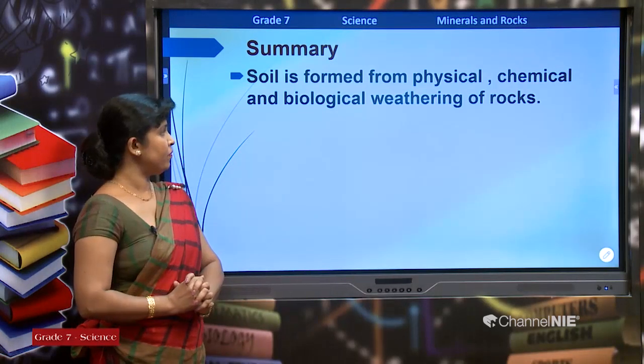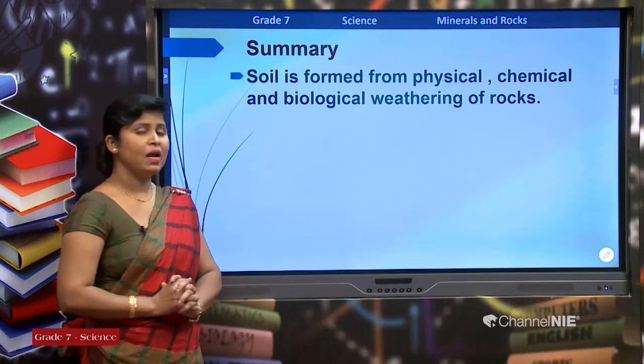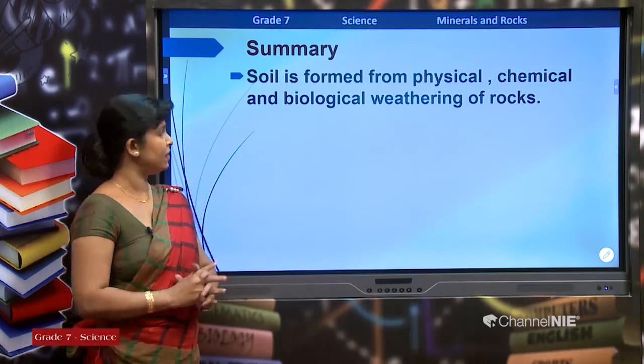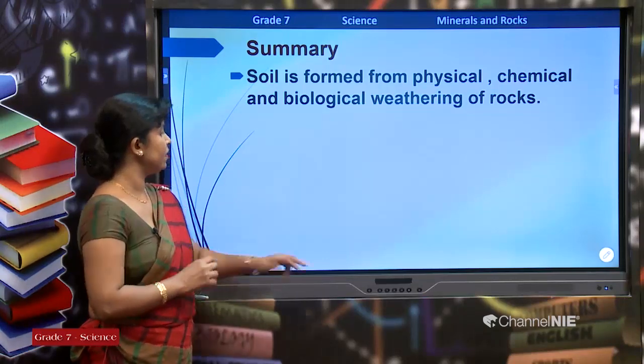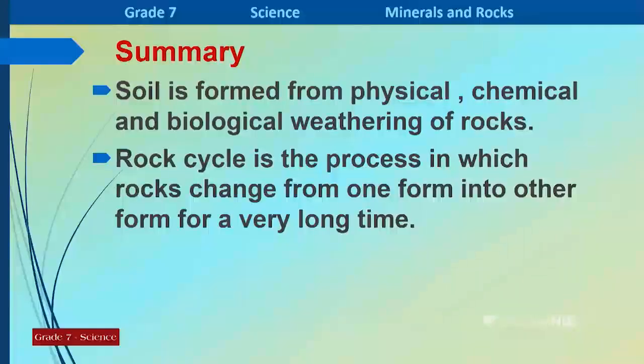Soil is formed from physical, chemical and biological weathering of rocks. The formation of soil, you have learnt in a previous lesson also. The rock cycle is the process in which rocks change from one form into another form over a very long time. I explained the rock cycle in detail.